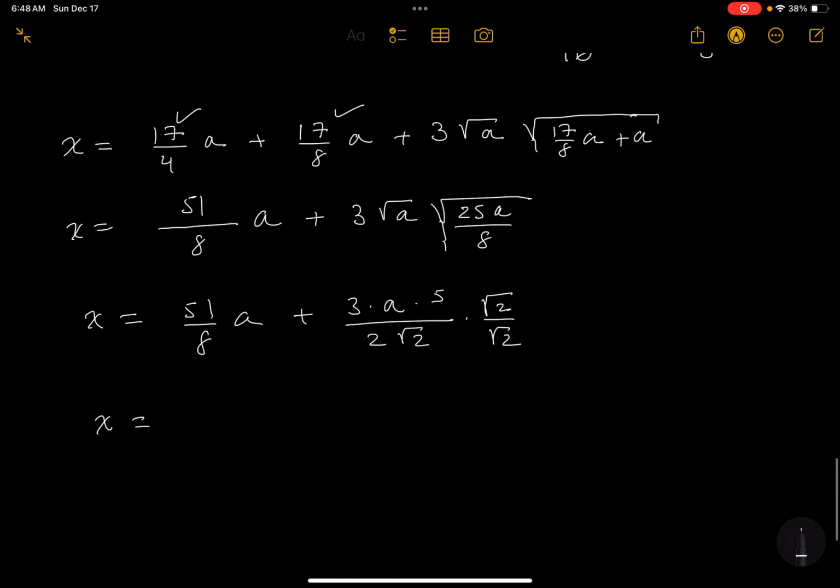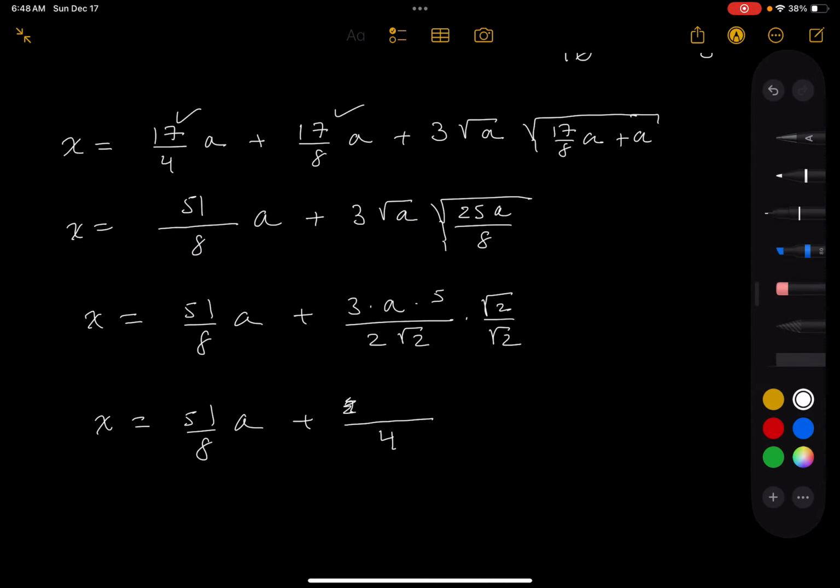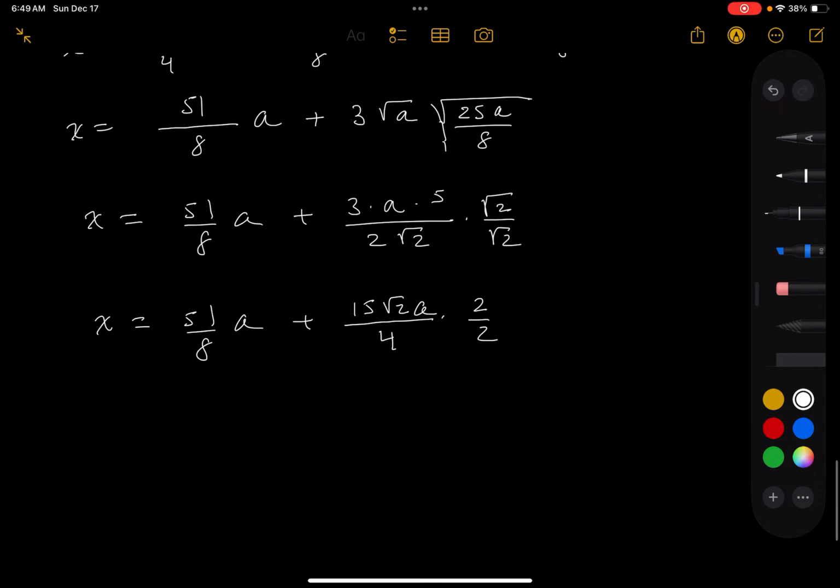X equals 51 over 8 a plus, the bottom now is going to be 4. And then you're going to get 15. Let me just go backwards a little bit. So 15 root 2. I get 3 times 5 is 15. Root 2a. I need to multiply by 2 over 2 now, and I'm going to pull it all together now.